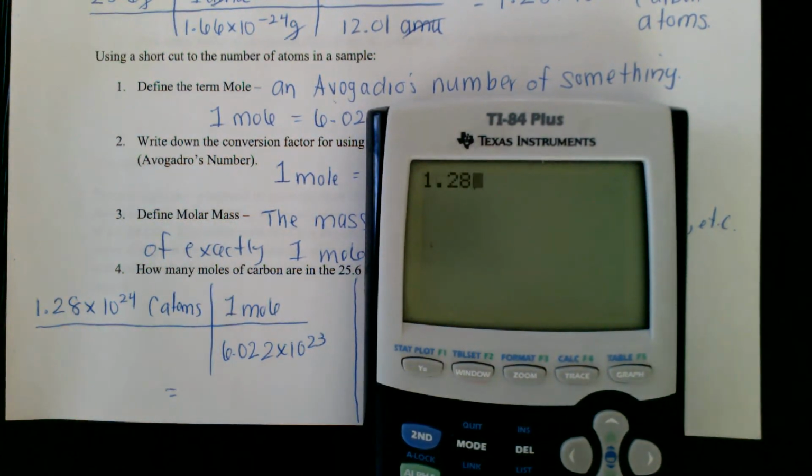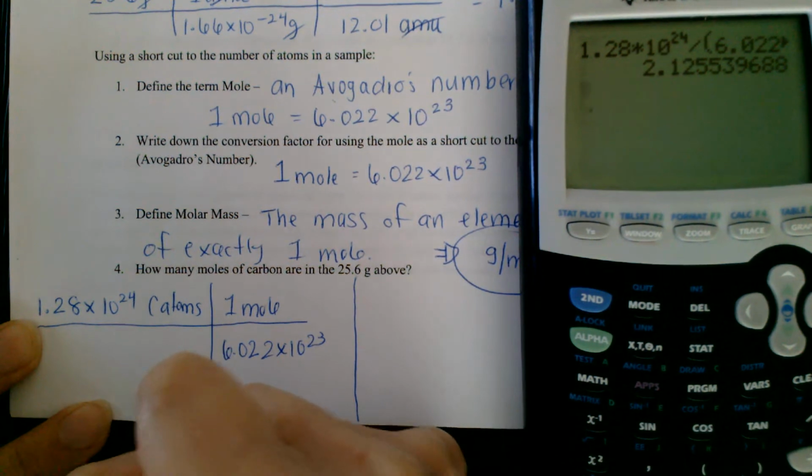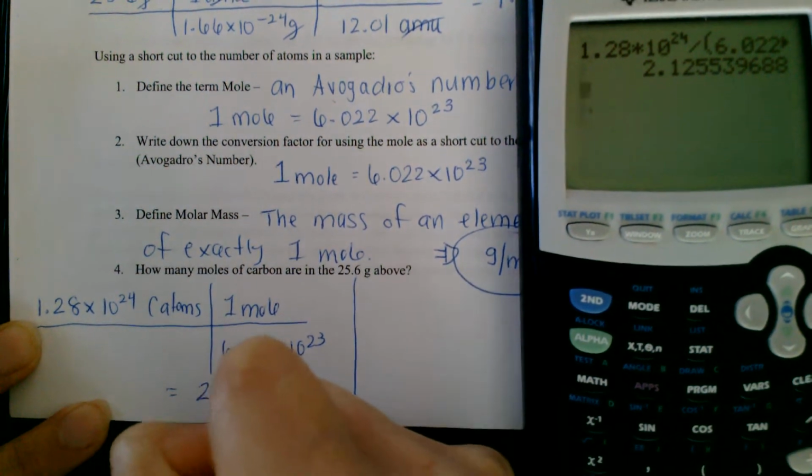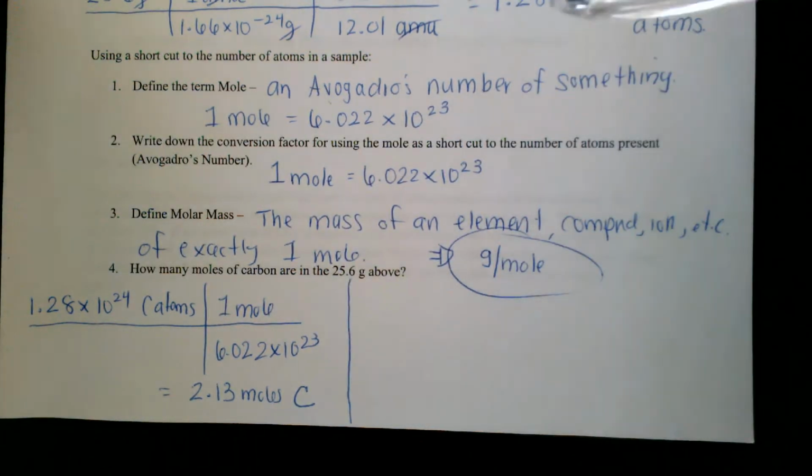So 1.28 times 10 to the 24 divided by Avogadro's number gives us 2.13 moles of carbon.